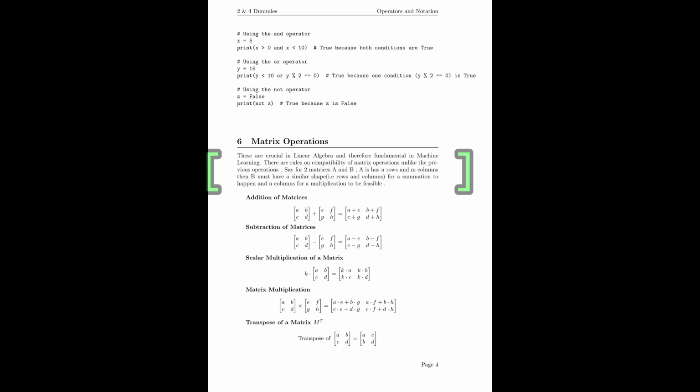Matrix operations are a fundamental concept in machine learning because one of the branches of machine learning is linear algebra, and linear algebra most of the time consists of manipulating matrices.